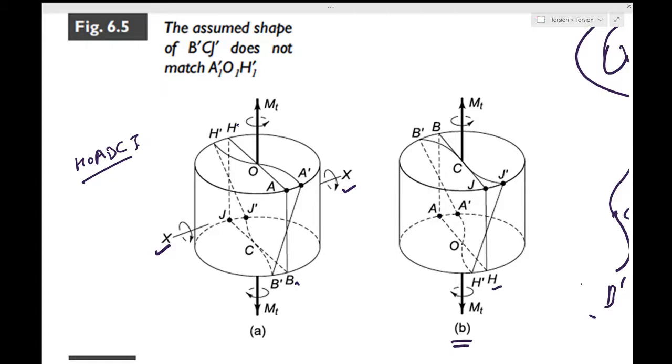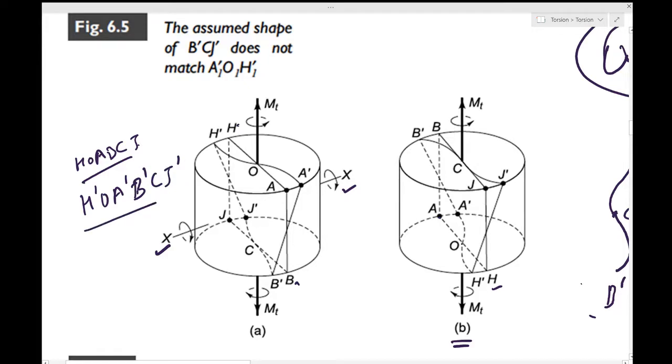Now you want to compare 6.6a and 6.6b. One of the other things which we have to do is we have to also rotate this deformed surface. I would not call it a plane. H dash O A dash B dash C J dash.